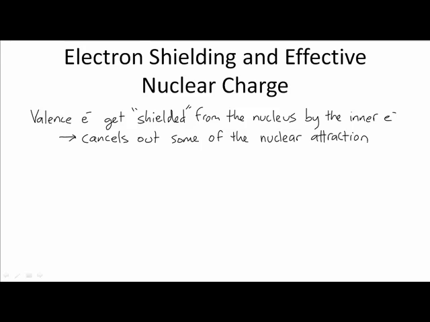All right. So to account for that, what we calculate or what we estimate is what we call the effective nuclear charge. It's what is the charge that the outermost electron feels after you consider the fact that there are electrons between it and the nucleus. So effective nuclear charge.